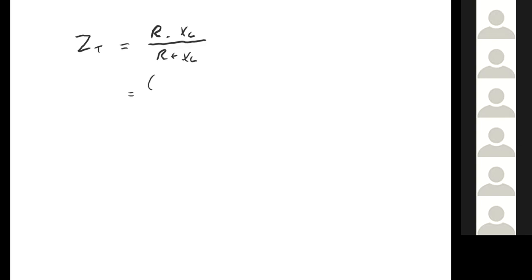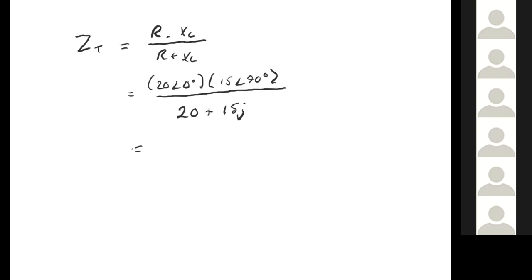So up the top, we've got R, which is 20 ohms, angled nothing, times XL, 15 ohms, angle 90. Agree with that? Down the bottom, we'll keep it in rectangular form for the moment. So we've got 20 plus 15j.